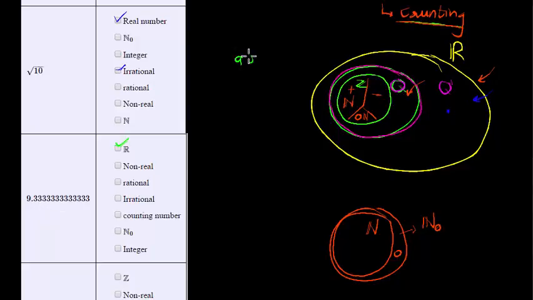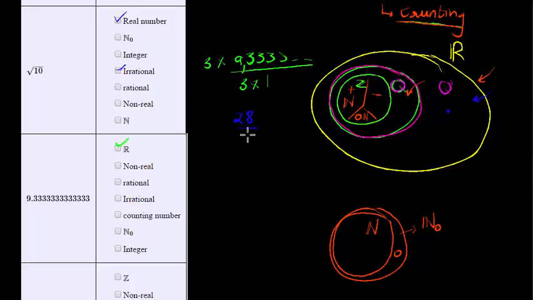Just for example, multiplying, this is 9.3 recurring, over 1. If I multiply the top and the bottom by 3, notice that 9.3 recurring, if I multiply that by 3, what do I get? 28 over 3.